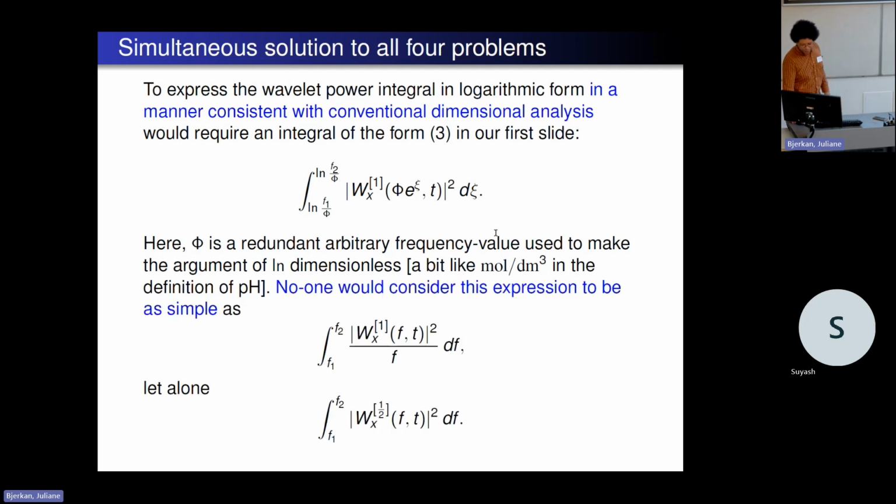And the point is, no one would consider this expression to be as simple as the one without the log frequencies, let alone the even simpler one where we use p equal to 1/2. So this looks a lot simpler than this. And so because people are used to thinking in multiplicative dimensions and never additive units and logarithms of normal quantities, people would be less naturally inclined to take this logarithmic frequency approach because of this ugly representation.